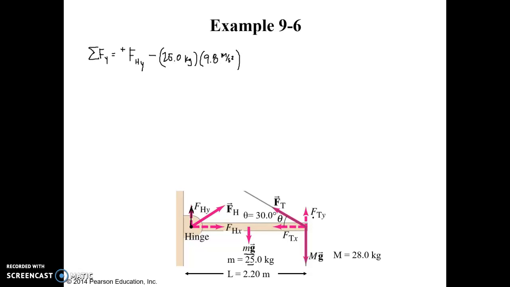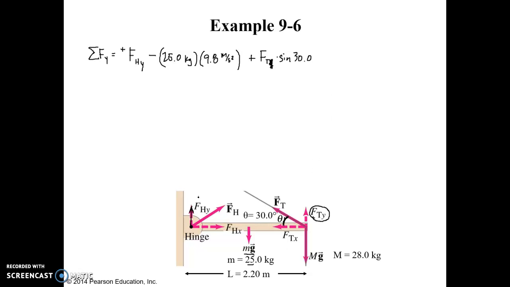We have the vertical component of the tension force. So we've got plus in the upward direction FTY, and we do know the angle of this cable, so we can say that this is actually FT times sine of 30.0.